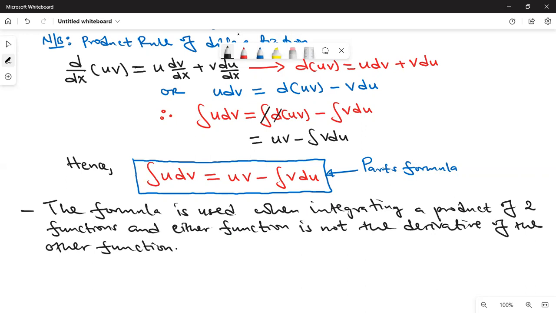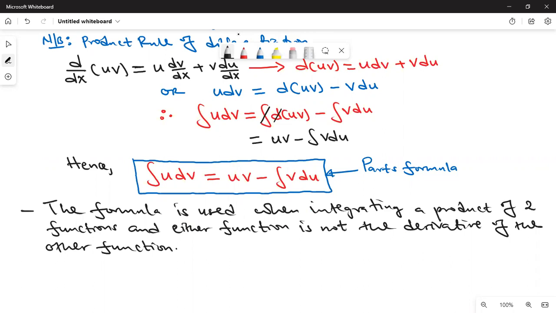So when you have such an integrand, a product of two functions where none of them is the derivative of the other, the only way to do that is via integration by parts.